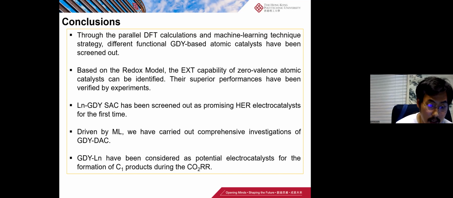Our proposed exploration strategies have also been applied in other atomic catalyst systems and the atomic level modulation of nanoparticles. So in the future, we will keep exploring these fields and hope to realize the advanced atomic design of atomic catalysts for more energy systems towards carbon neutrality development.